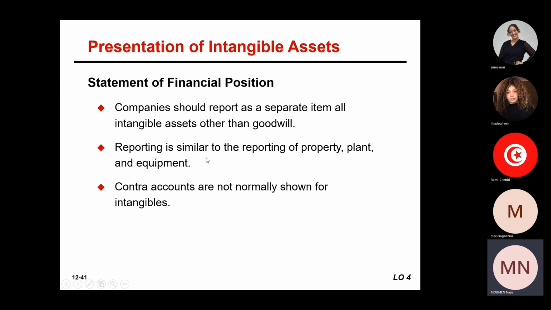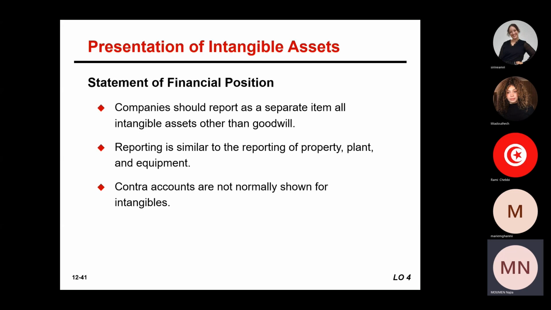So intangible assets, as we said from the beginning, are long-term assets, and of course they will be provided in the statement of financial position within the long-term asset section. But as we learned, intangible assets should be provided as separate items.